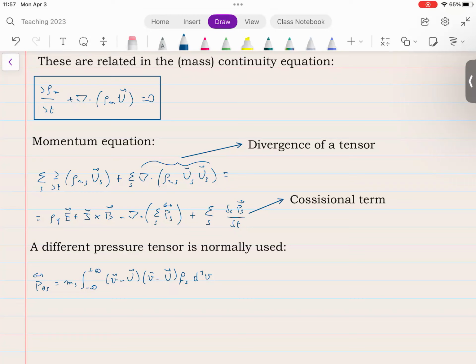Also, it may often be preferable to use scalar pressure. That's not a requirement, but that's what you're very often going to find in calculations. But for now, we'll leave the pressure tensor indicated as is.